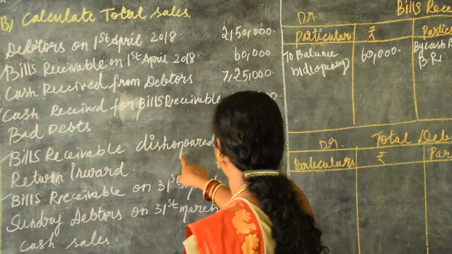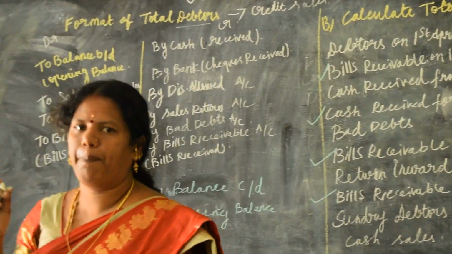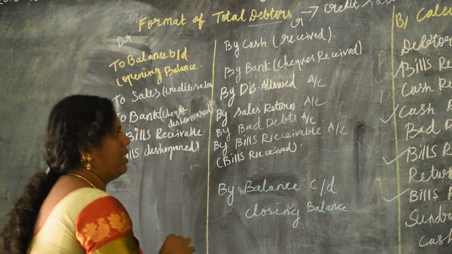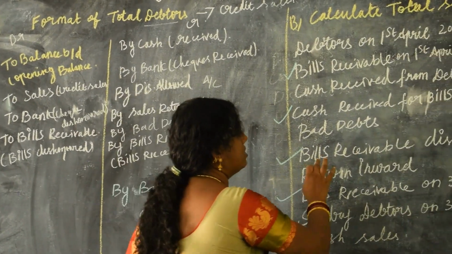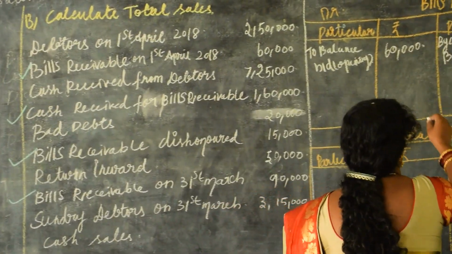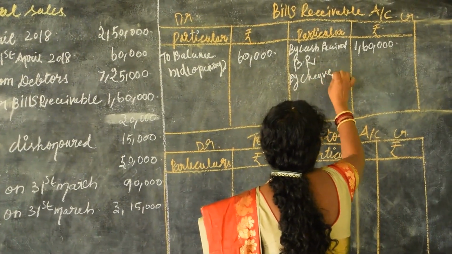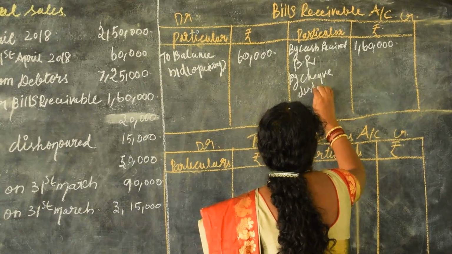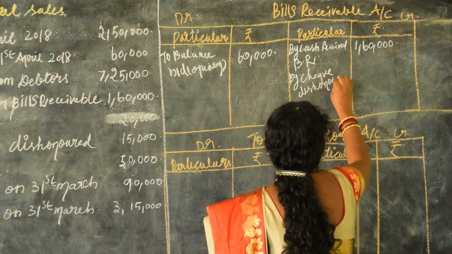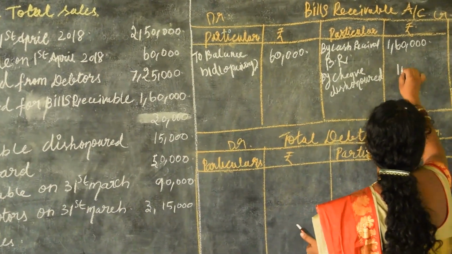Bills receivable dishonored: the debitor was making a payment, he has sent a cheque, but unfortunately the cheque is dishonored. Bills receivable dishonored, right here, by cheque dishonored, 15,000.